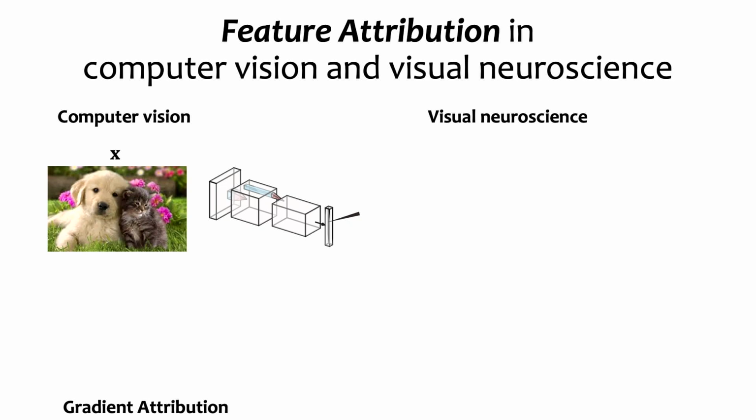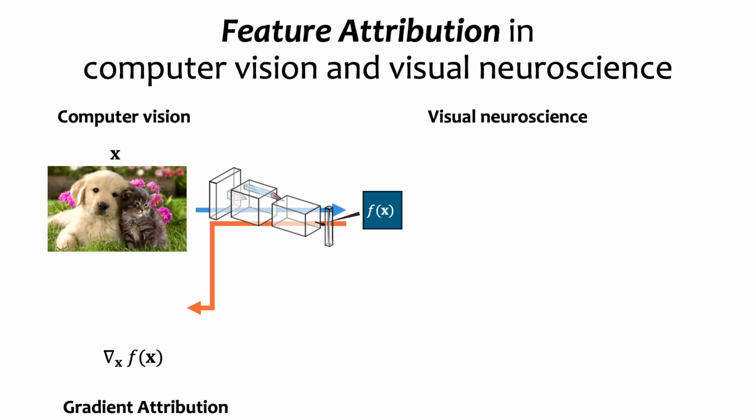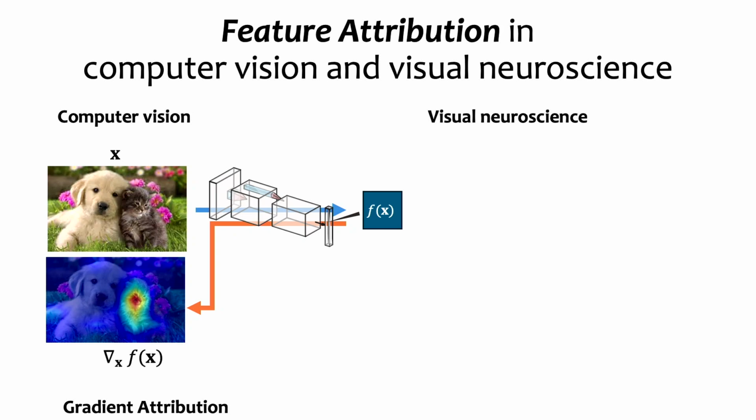In computer vision, people have neural networks with images as inputs. The network processes the images into maybe scalar outputs, and people can pass the gradient from this output to the inputs. This gradient will highlight some regions, and if you do something like smoothing, you highlight the regions that are important to these predictions.